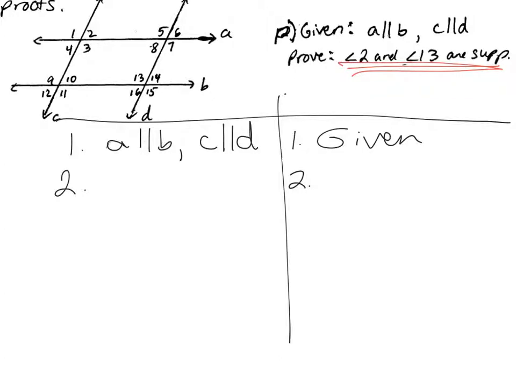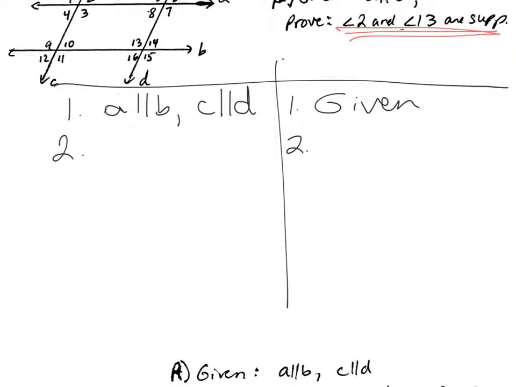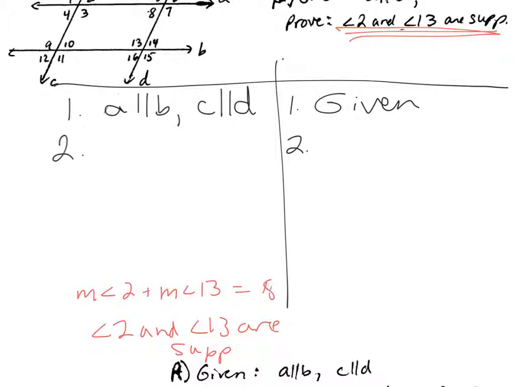So for this proof, I am going to try to work backwards. If I want to prove angle 2 and angle 13 are supplementary, the second to last step in this proof, in other words, the statement that would guarantee that angle 2 and angle 13 are supplementary, would be the equation of the form measure of angle 2 plus measure of angle 13 equals 180 degrees.